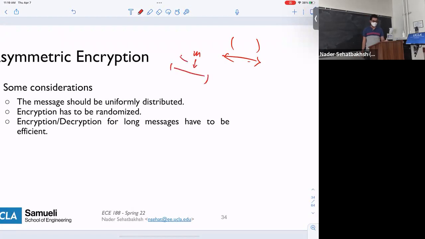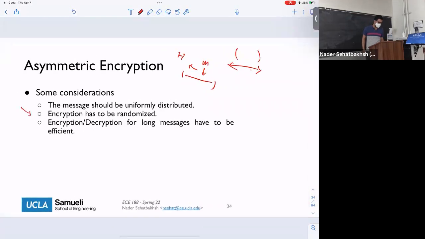We usually use a hash function to map the message domain to another domain that is uniformly distributed, and then use that as the input of our RSA algorithm. So there is one mini step before actually doing the encryption. The reason is that we want the input of our RSA algorithm to be uniformly distributed. There's a mathematical reason for it. We're not going to talk about it.